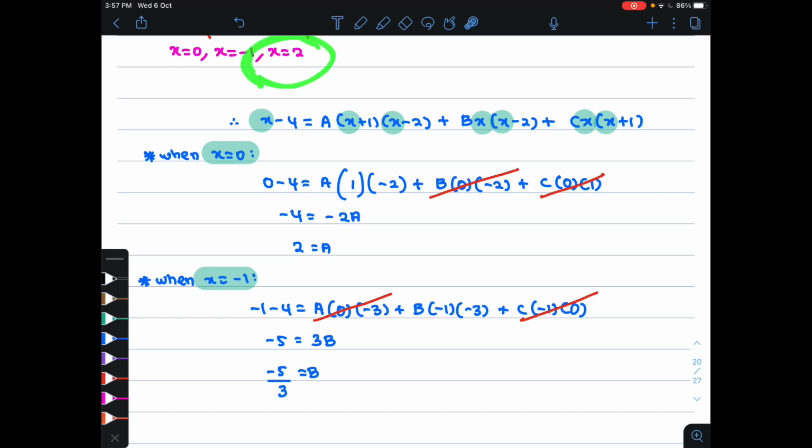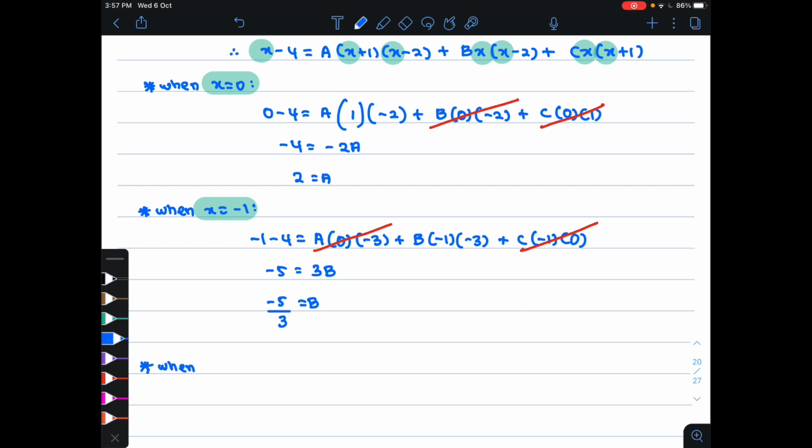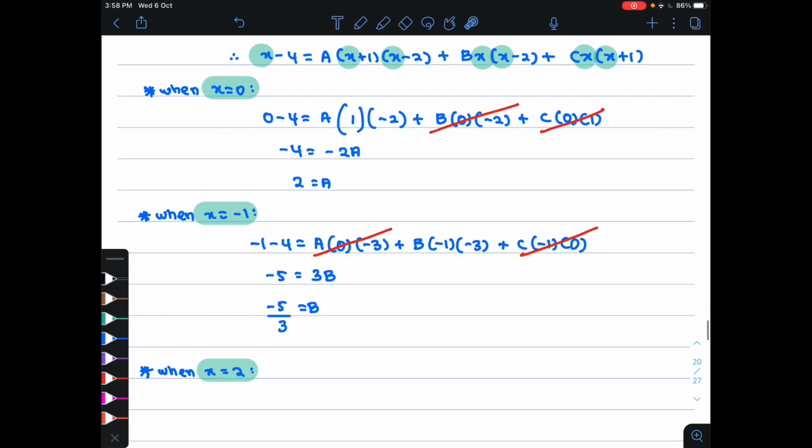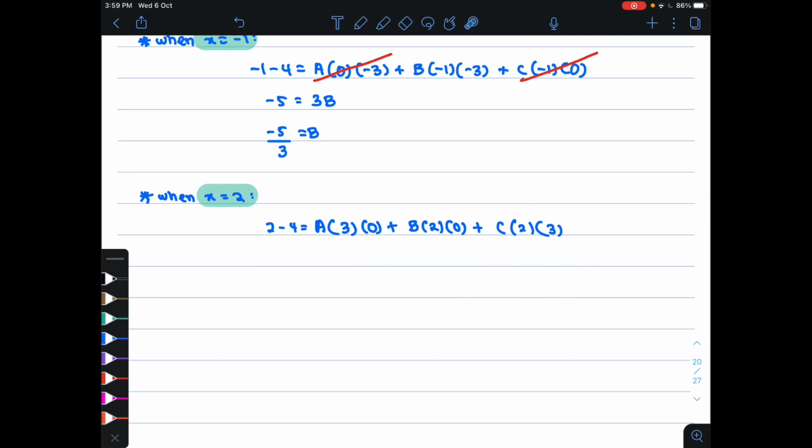Do the same thing for x equal to 2. For the first term, you can see that it is equal to 0.